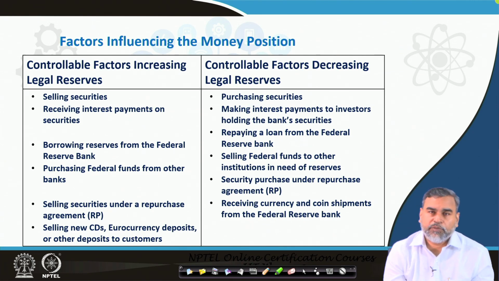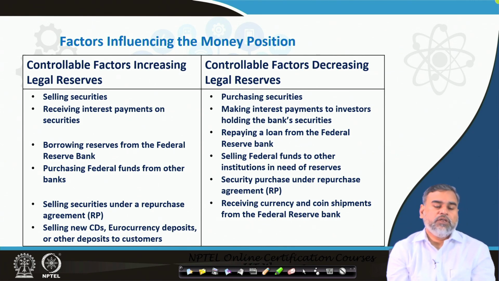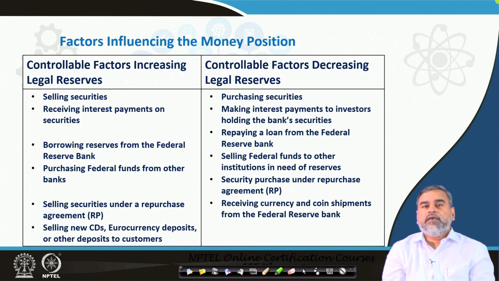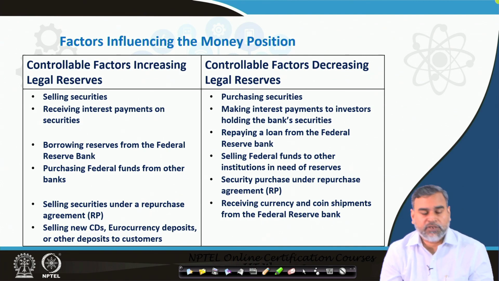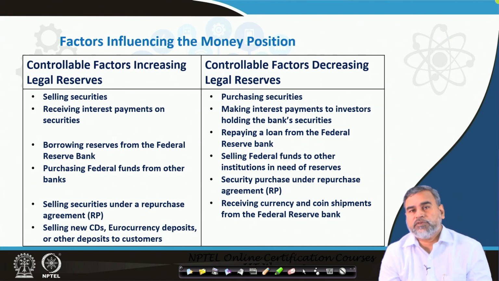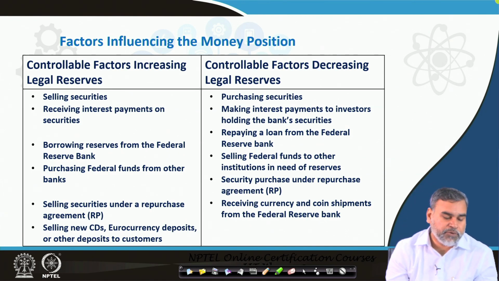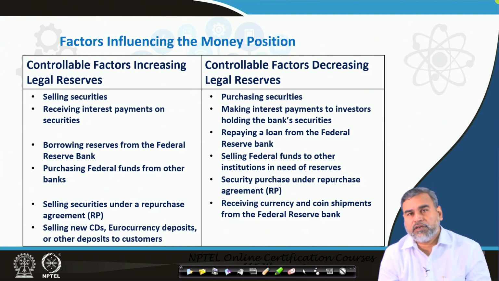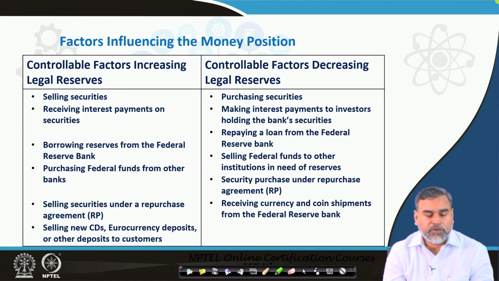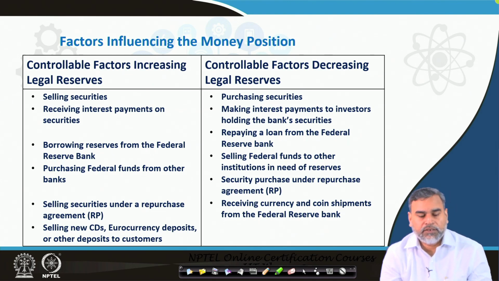There are a variety of deposits the commercial banks hold. The legal reserves can be maintained by selling those securities or assets they are holding in different forms. It can be certificates of deposit, commercial papers, Eurocurrency deposits, etc. Any kind of deposits are used basically to maintain the legal reserves of that particular commercial bank.